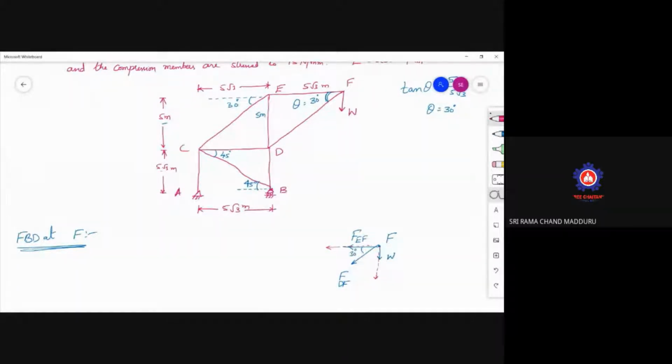So here this is F DF sine 30. This is F DF cos 30.